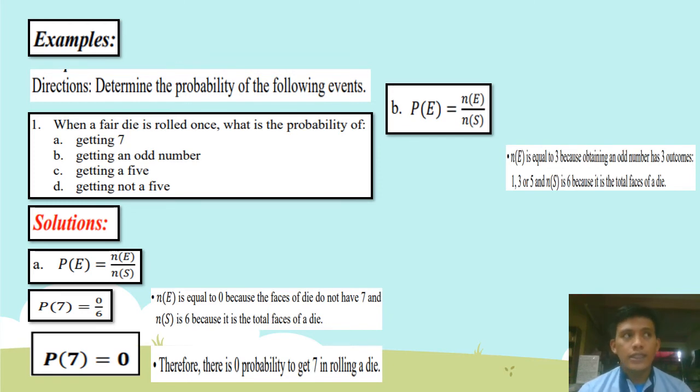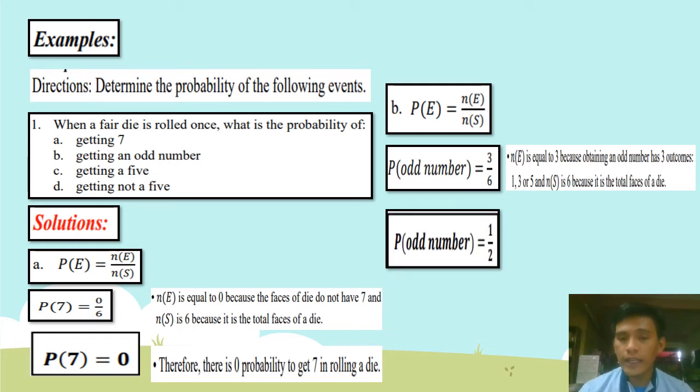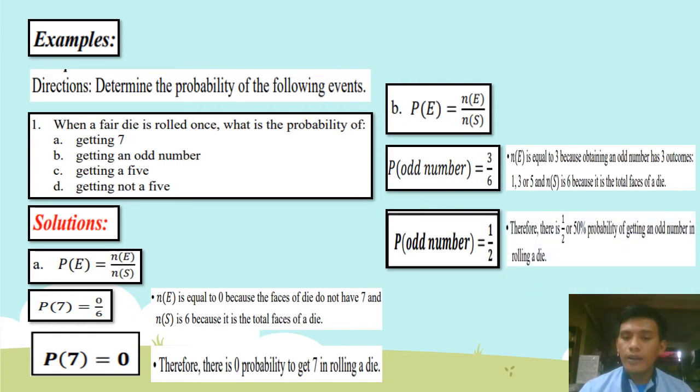And N(S) is 6 because the total faces of a die is 6 only. So 3 over 6. When we simplify that, that will be 1 over 2. Therefore, there is 1 over 2, or 50% probability of getting an odd number in rolling a die.